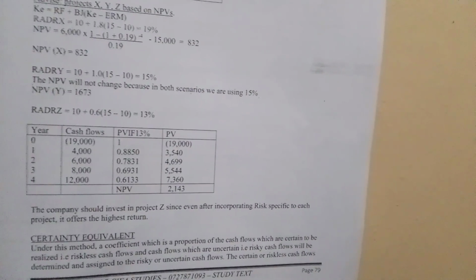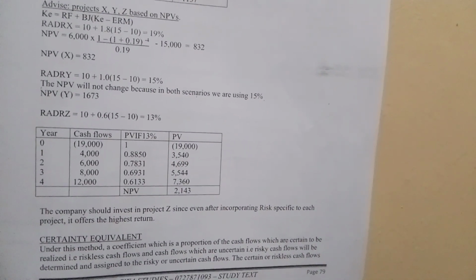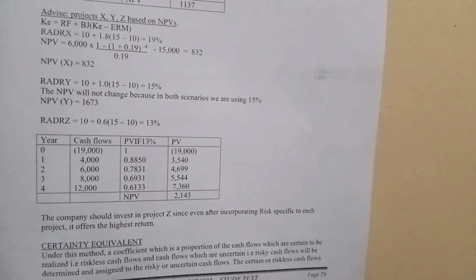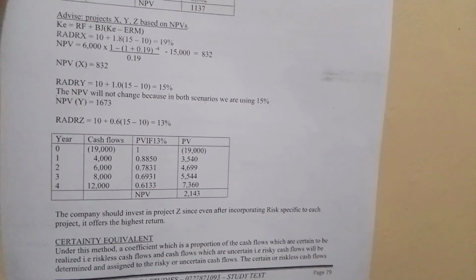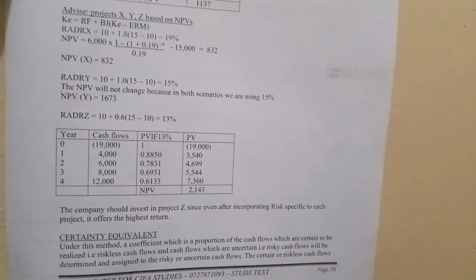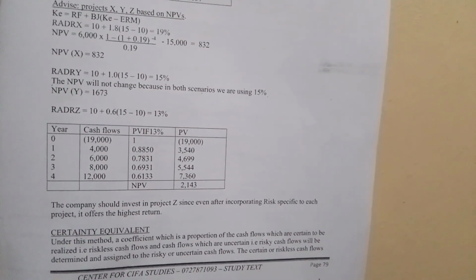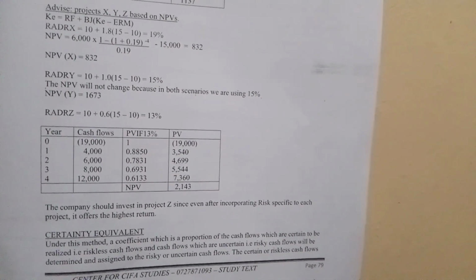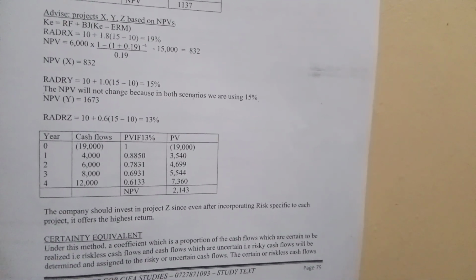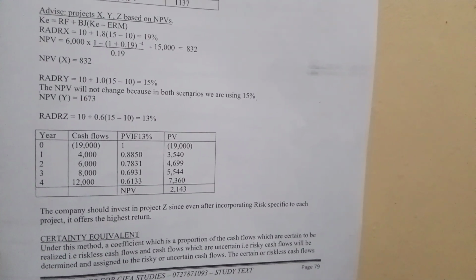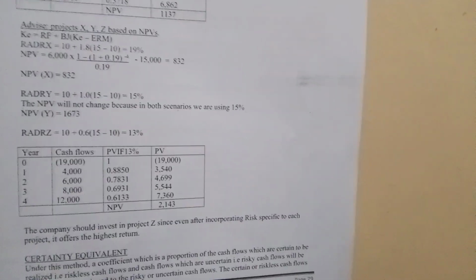So you can see the one that we started with, we got 15%. Again, this one is also 15%. So the net present value will not change because in both scenarios we are using 15%. Now if you take X, the risk adjusted discount rate for X above, we have gotten 19%.